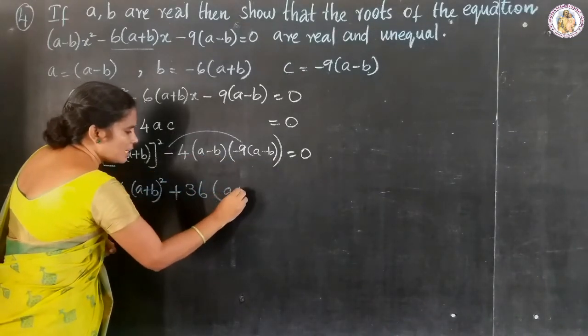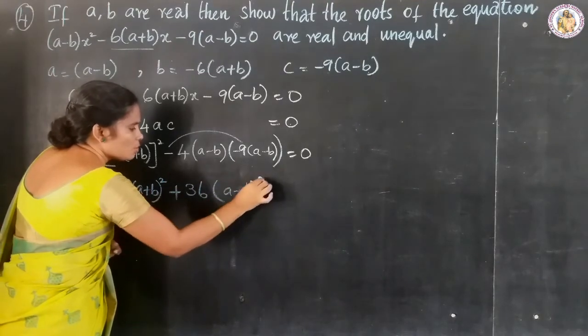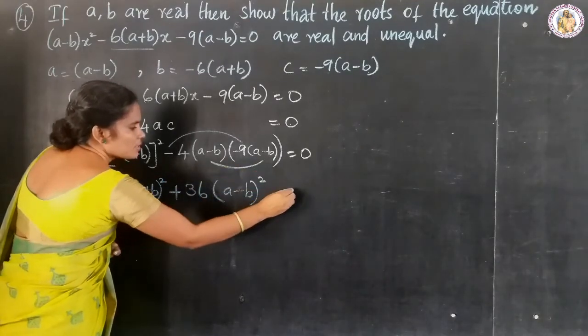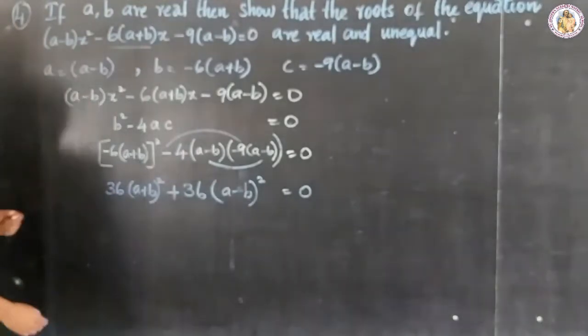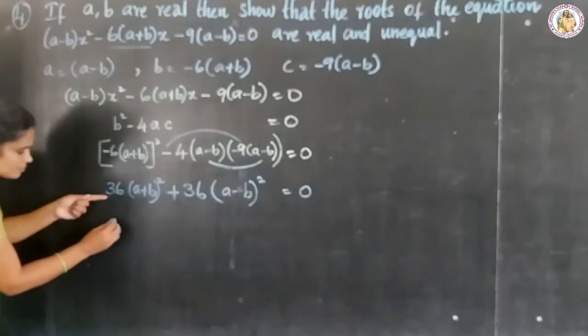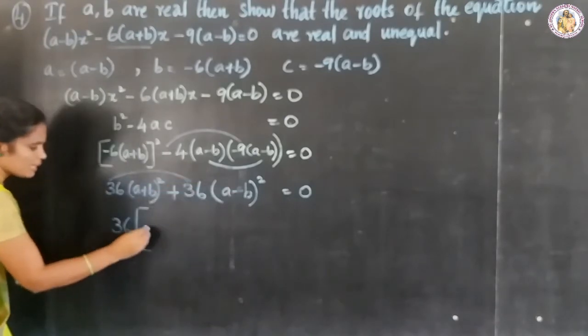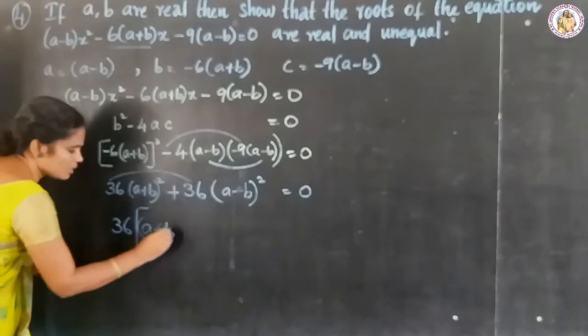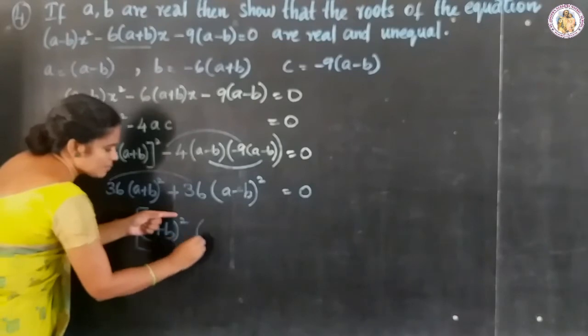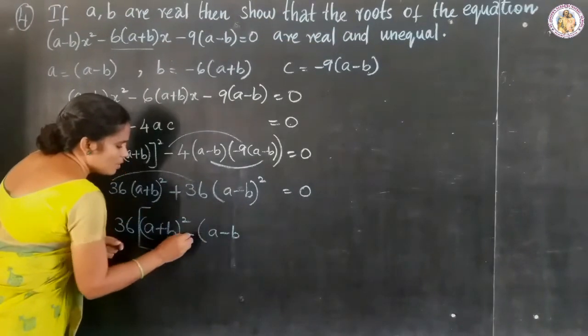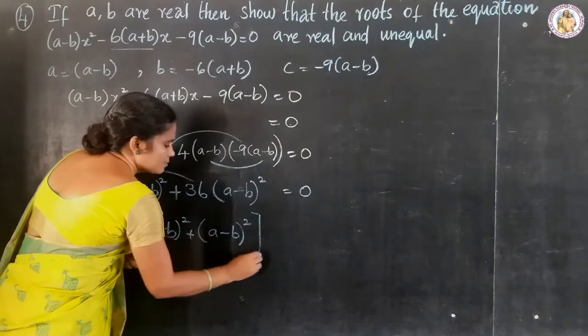So within bracket (a − b) whole square. We have it twice. So take 36 common: 36[(a + b)² + (a − b)²].